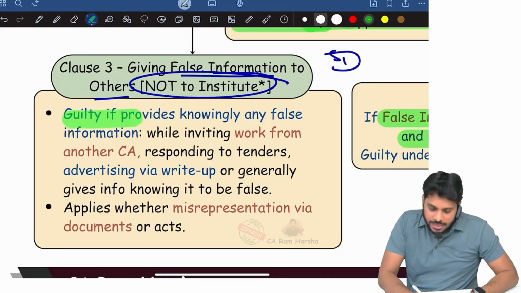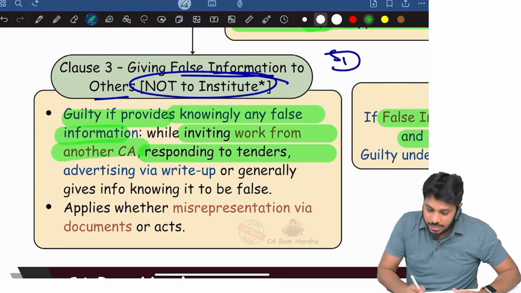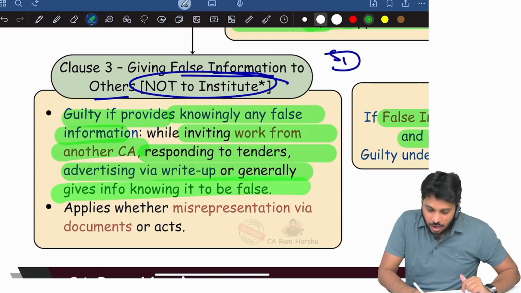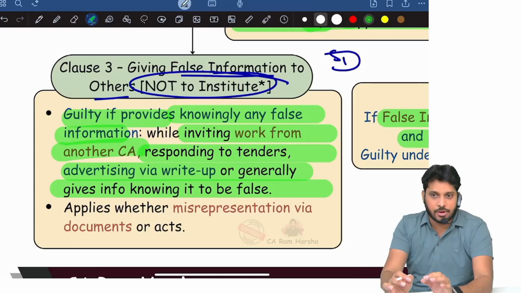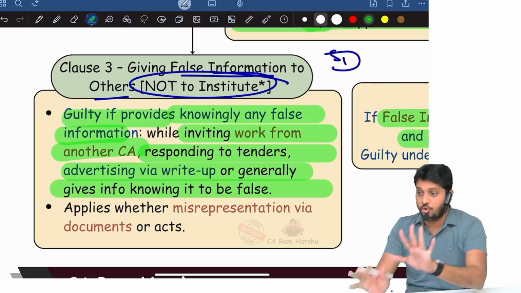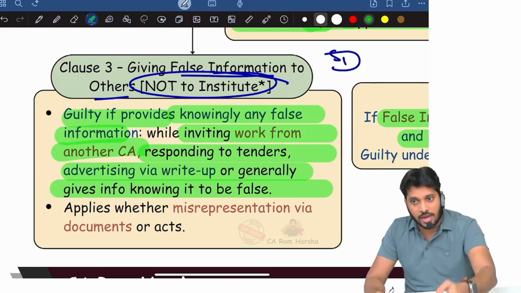You are guilty if you are knowingly providing any false information while inviting work from another CA, responding to a tender, advertising via write-up, or generally giving information knowing it to be false. If you give information to somebody, knowing that it is false, and still gave it, you are guilty under schedule 1, part number 3, clause number 3.